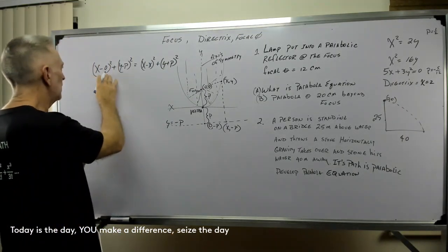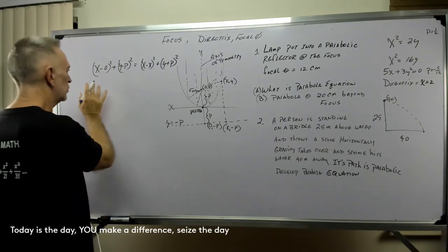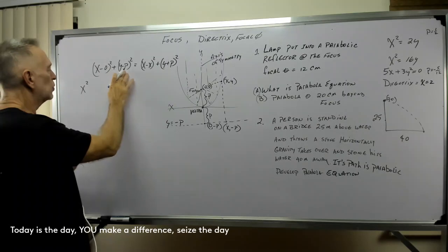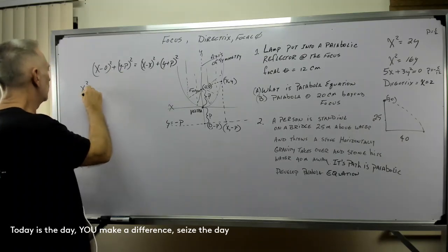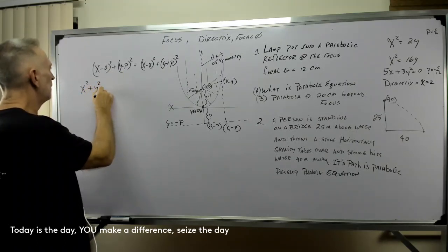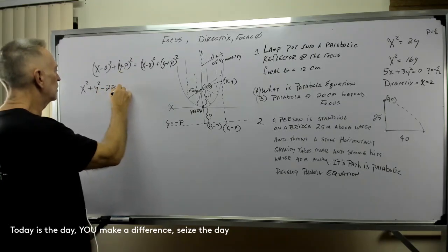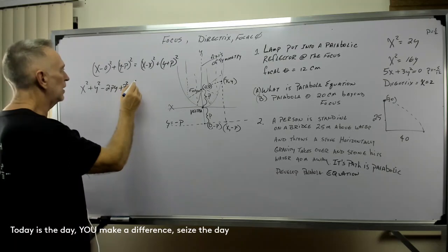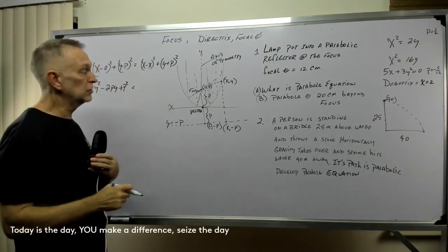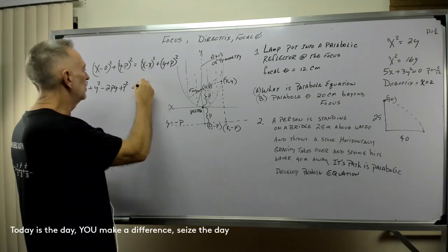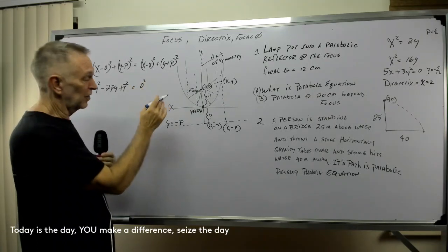So now x minus 0 squared is x squared. And then squaring this one, I end up with y squared minus 2py plus p squared. And that equals x minus x squared, 0 squared is 0. I'll go ahead and put it there so you'll know I didn't forget it.